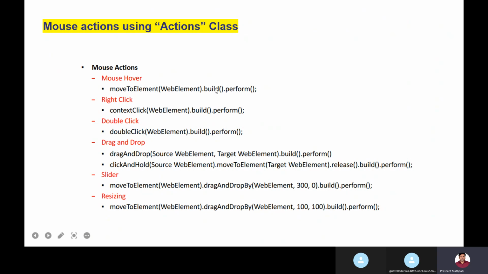There is a build action. What will it do? This method generates a composite action containing all the actions, meaning the actions you are going to perform are collected into composite actions. It is just like a move from the mouse actions.